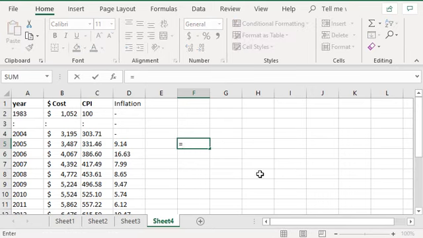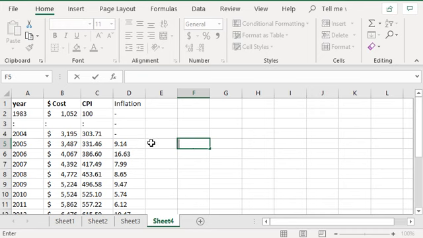Basically what we're doing is we're assuming the percent increase in the price of tacos equals the inflation rate. So we're going to take $1 and multiply it by this percent. Now remember, we multiplied this by 100.